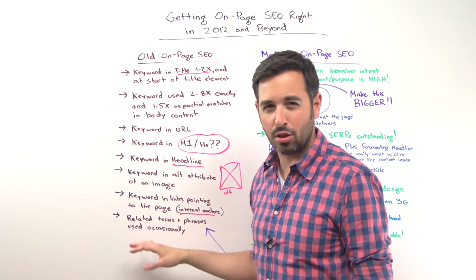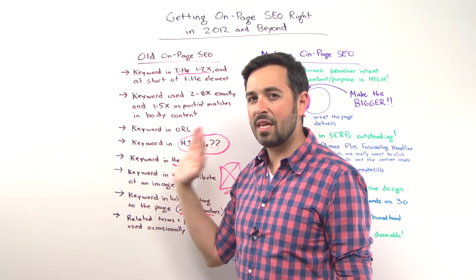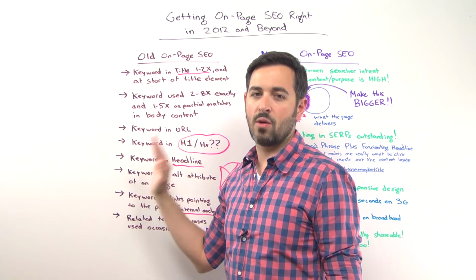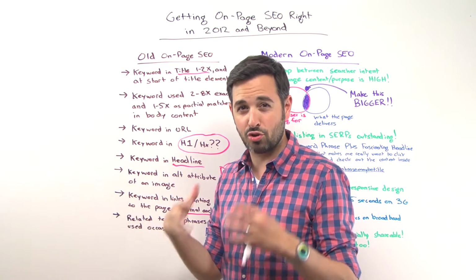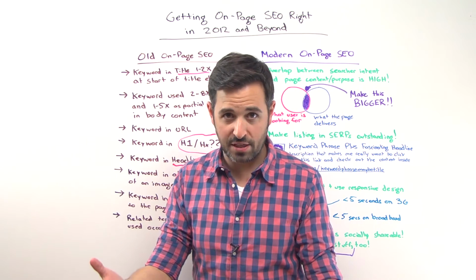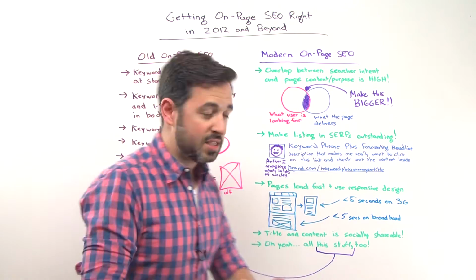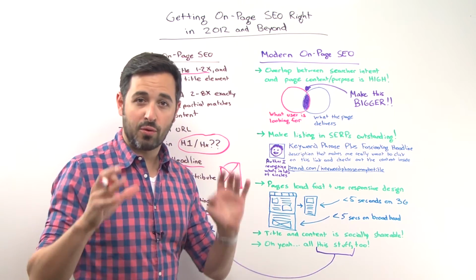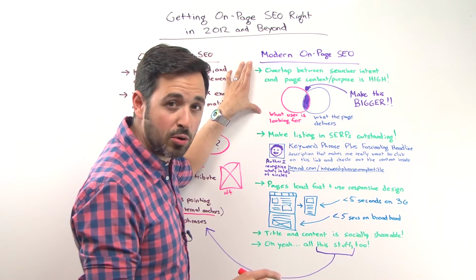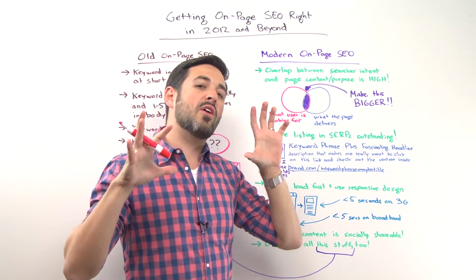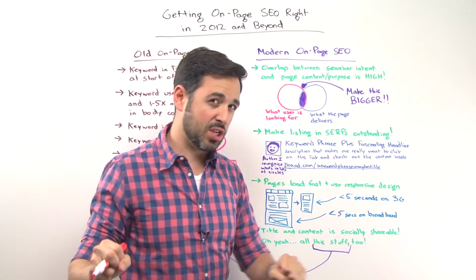It's not like this has lost all its value, but it's definitely not the only thing that we need to be thinking about in 2012. On-page optimization has grown and expanded just like all of SEO has. This is the kind of stuff I'm talking about for the modern day on-page optimizer. First and most important, SEO isn't that new anymore, and search isn't that new anymore.